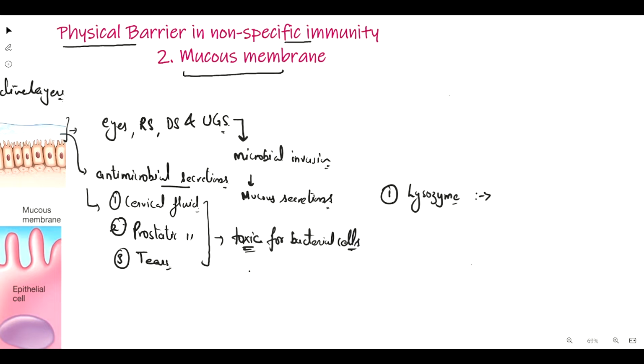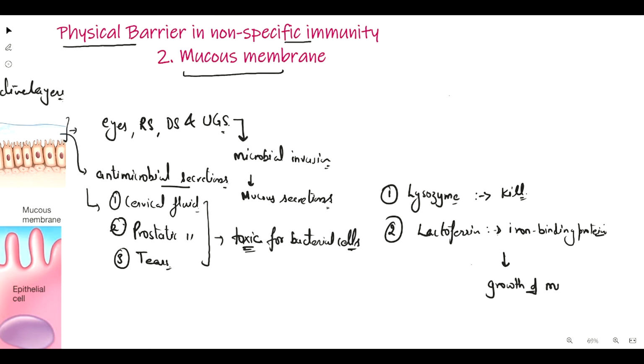As we already know, lysozyme attacks the outer cell wall layer of the bacteria and kills them. Another molecule secreted in the mucosal secretions is lactoferrin. It is an iron binding protein which sequesters the iron and prevents the growth of microbes.